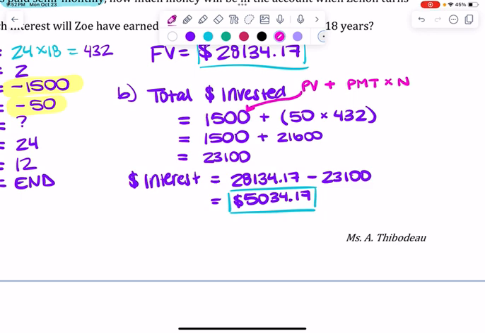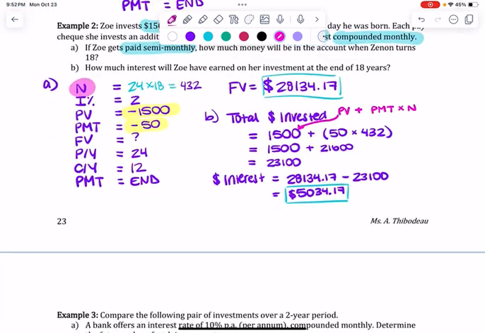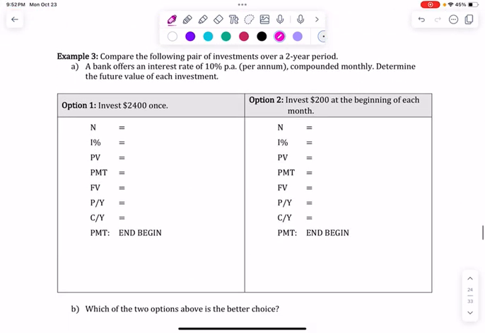All right, we are going to take a look at another example, and this next example compares the following pairs of investment over a 2-year period. So we have a bank that offers an interest rate of 10% per annum, compounded monthly.